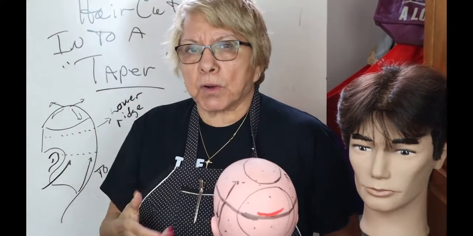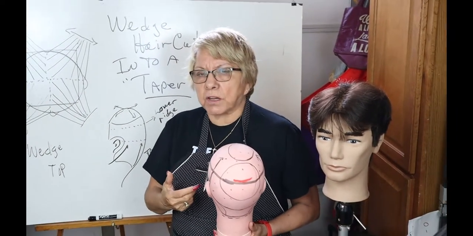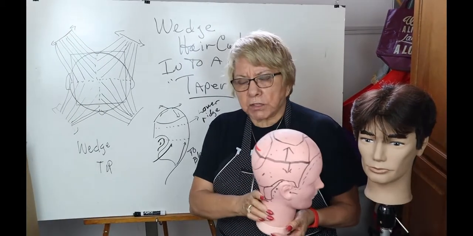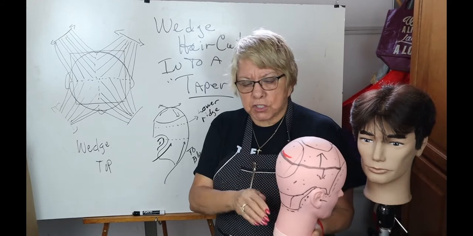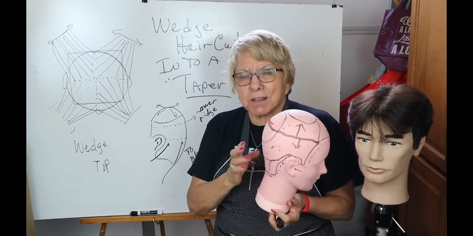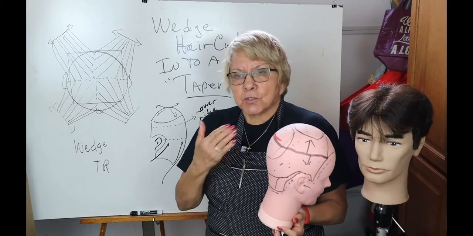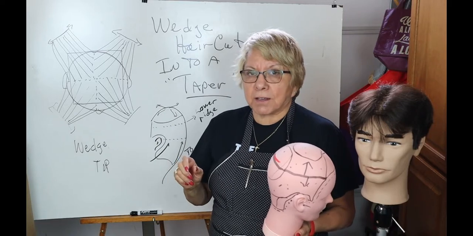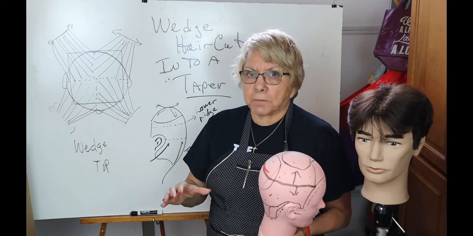In my mind, I'm already thinking, okay, they took it down to the lower ridge. I see that they only took it to the parietal line. Wait a minute, when they were at the lower nape, they stopped just as it curved out, so they were just above the lower nape line. See, because I know where they're at. So then you can do their haircut exactly the way that they do it, with less room for error.